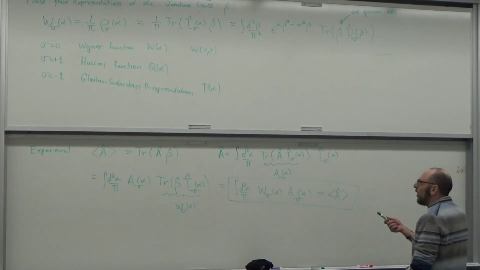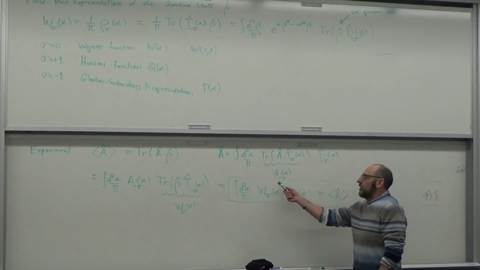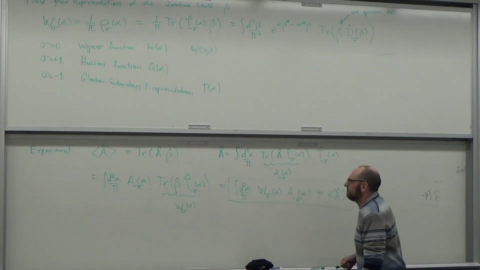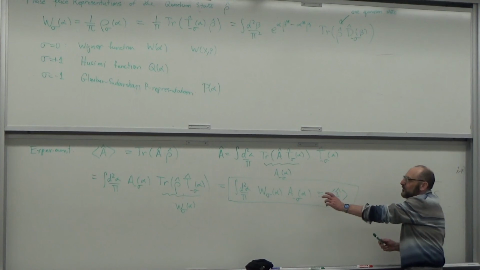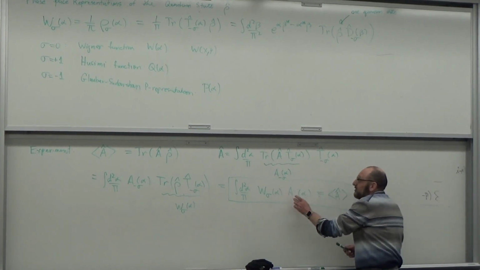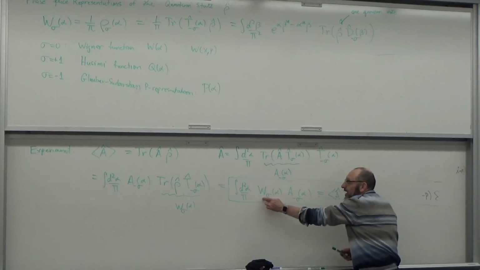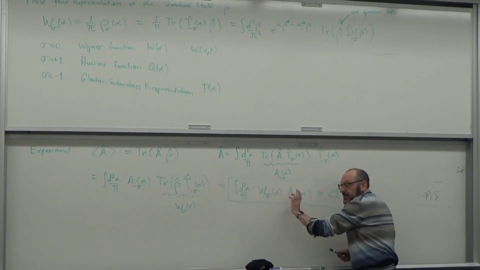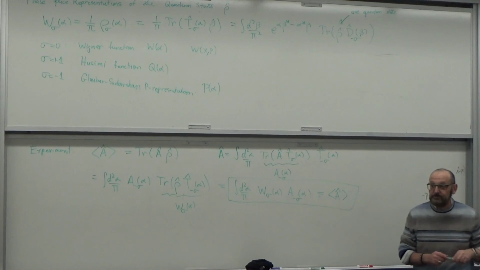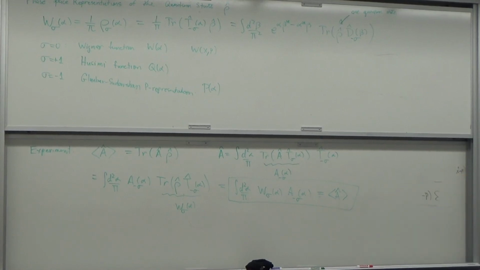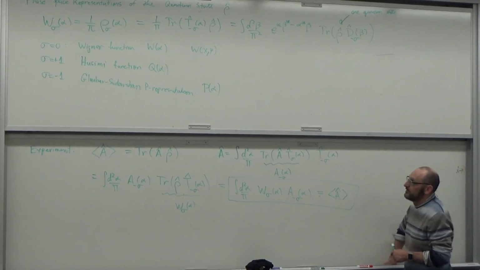I integrate over all of phase space with this function, but I have to do this duality. If I want to look at sigma ordered here, I have to look at minus sigma ordered for the state. They come in a dual pair. Why is this useful and why is this interesting?